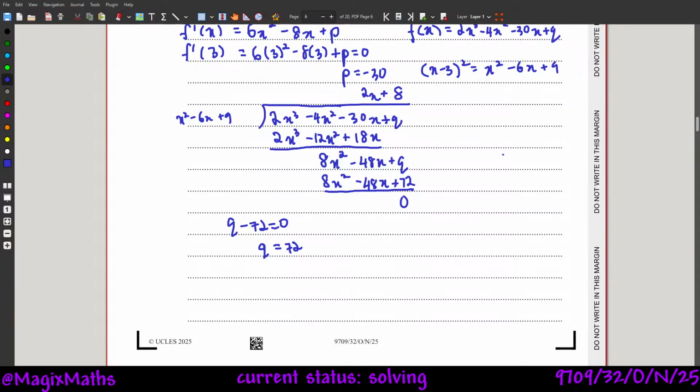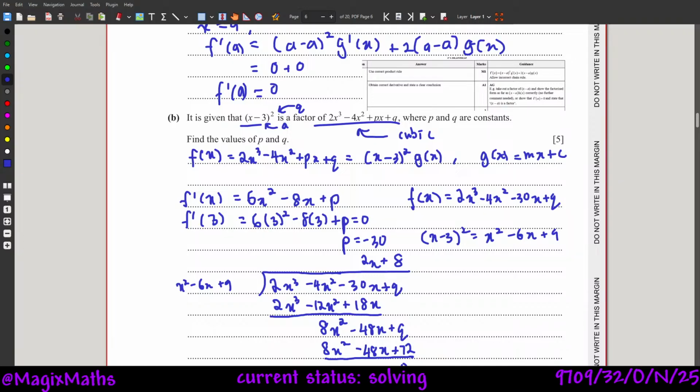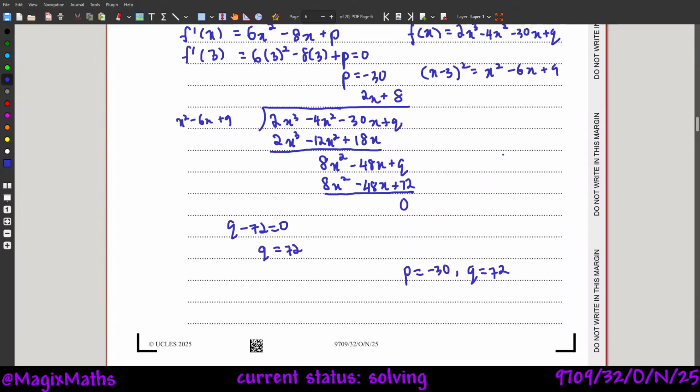So our conclusion is that p is equal to -30. q is equal to 72. And is that correct?